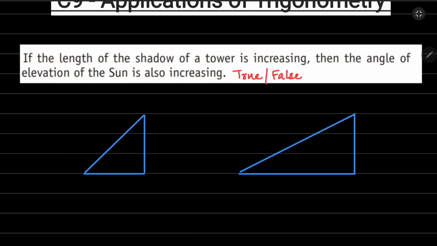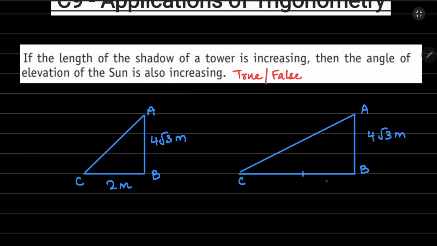Now let us say, for example, the tower AB is of length 4 root 3 meters. Let the shadow in the first scenario be 2 meters.